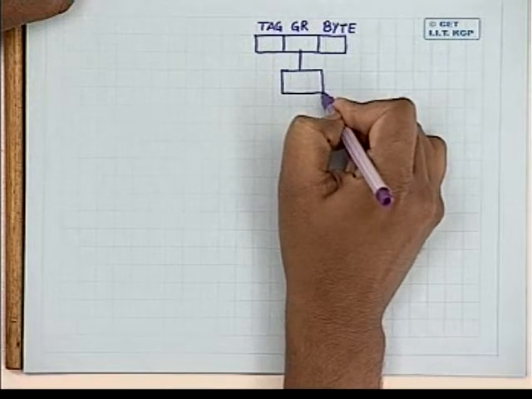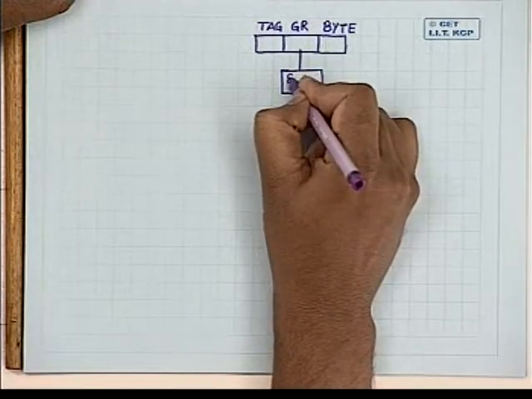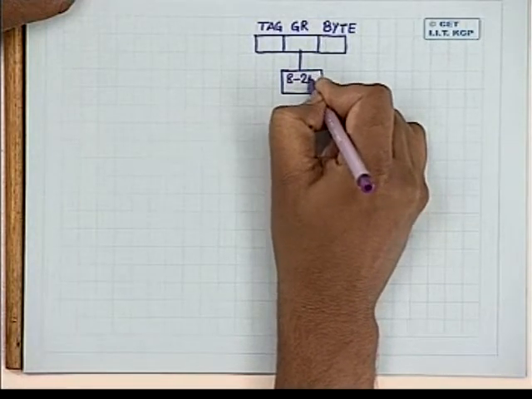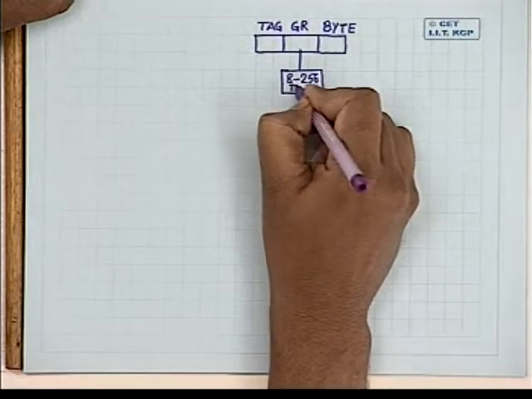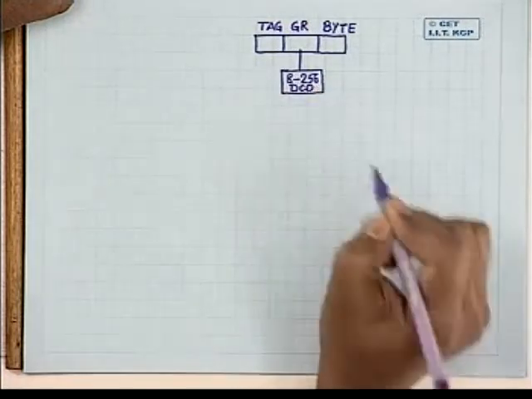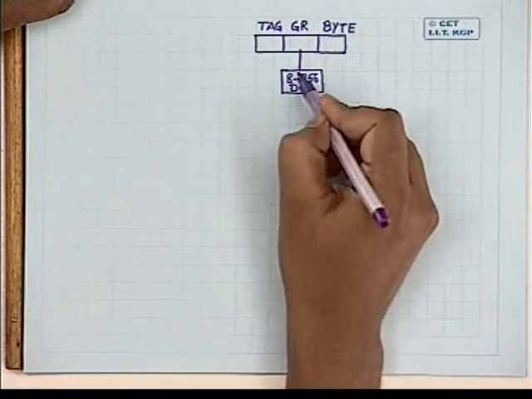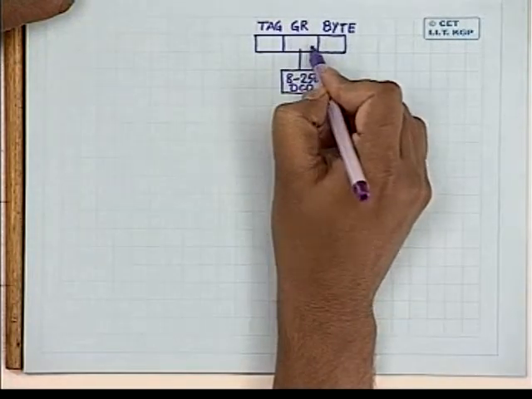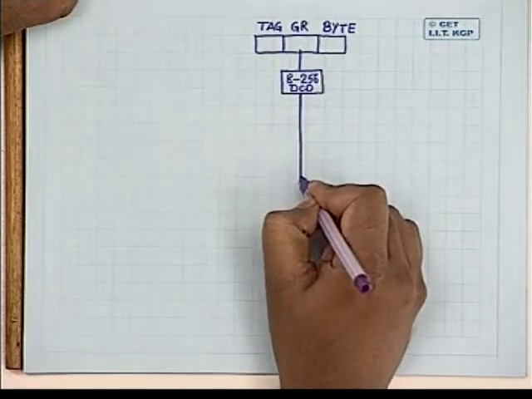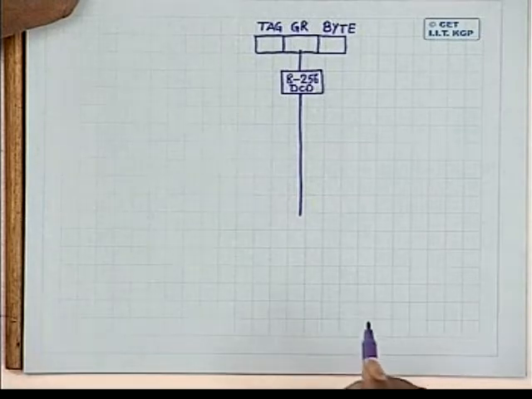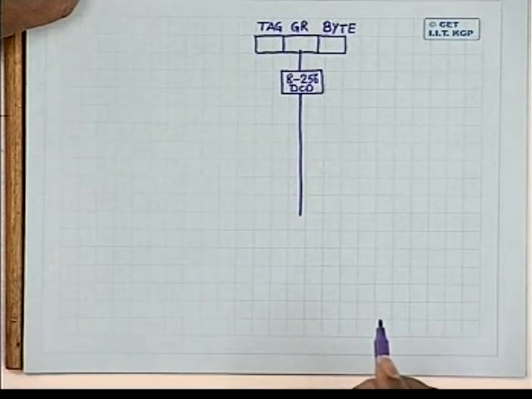The decoder in this case is an 8 to 256 decoder. Okay. Now depending upon the bit pattern in this group field, one of the 256 outputs of the decoder will be high. All other outputs of the decoder will be low.